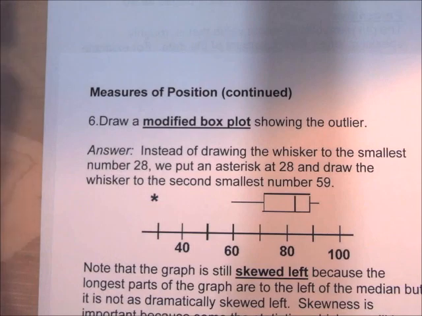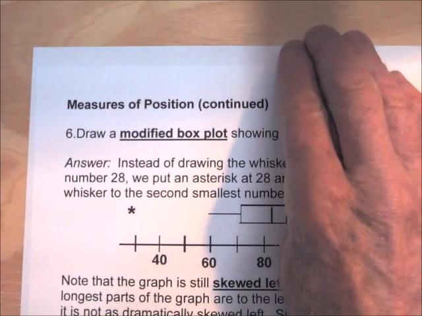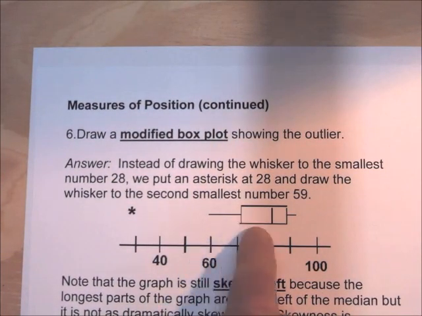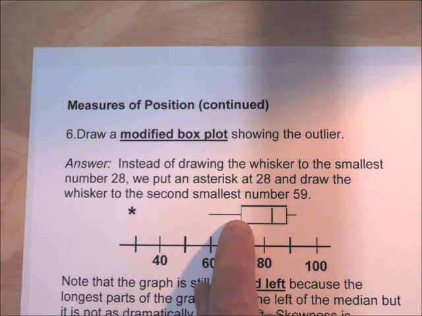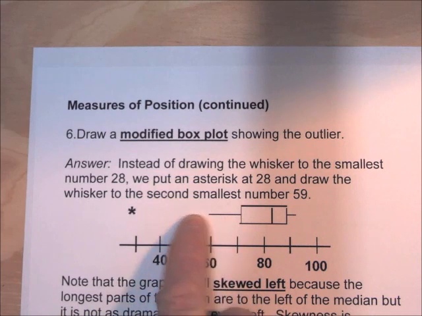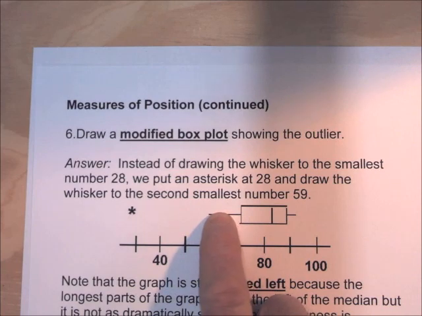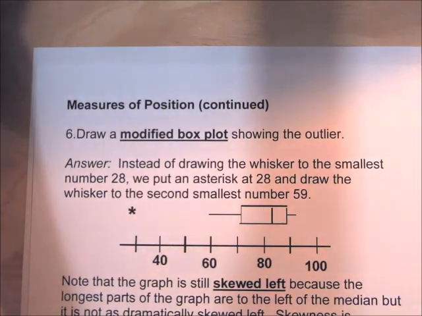And then there's a type of graph called a modified box plot that takes into account the outlier. The box is going to be the same, but the whiskers, instead of going to the lowest exam score or the highest exam score, will go to the lowest exam score that's not an outlier, and the highest exam score that's not an outlier.